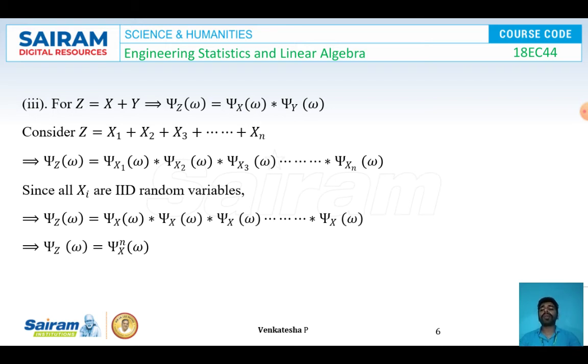I am going to apply the characteristic function to this equation. So I got xi z of omega is equal to xi x1 of omega into xi x2 of omega into xi x3 of omega into xi xn of omega. Since all these xi's are IID random variables, I can rewrite the equation as xi z of omega is equal to xi x of omega into xi x of omega, and so on, n times. So I get xi z of omega is equal to xi x of omega to the power n.